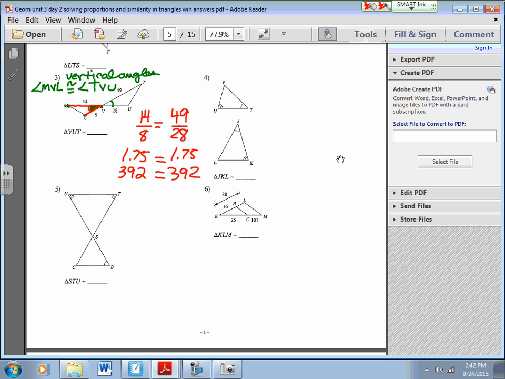Are those sides proportional? Yes. They are proportional, so now we can answer yes, that they are similar, but be careful, don't just throw any letters in any order. If this says triangle VUT is similar to, what order do you think I'm going to use? V is correct. L.